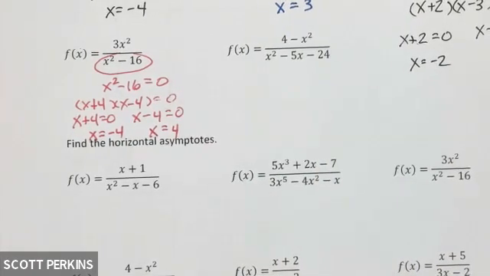All right, last but not least, find me the vertical asymptotes for the final rational function at the top.